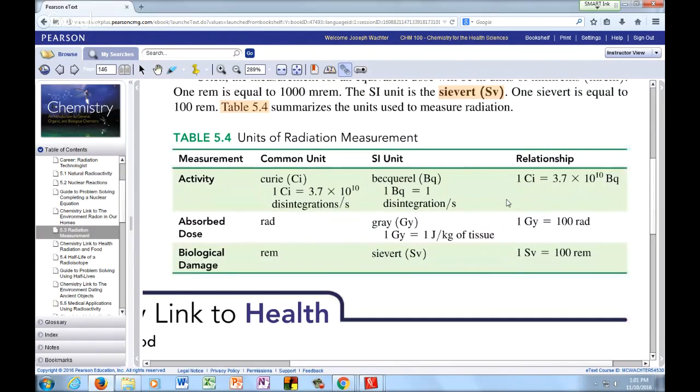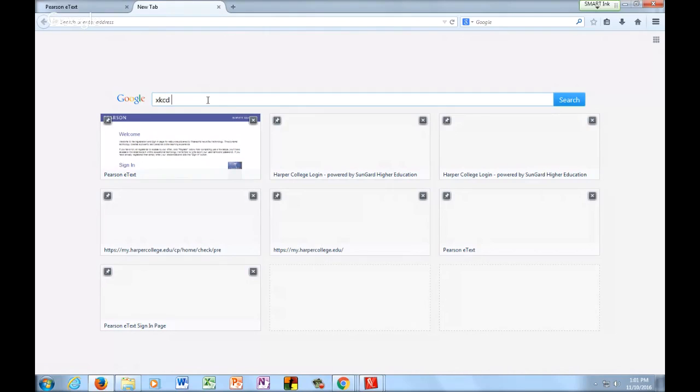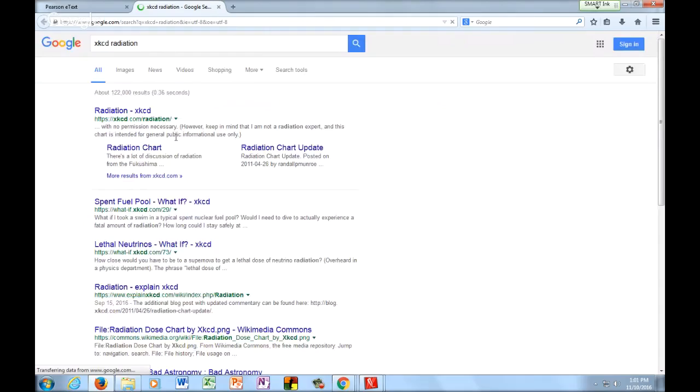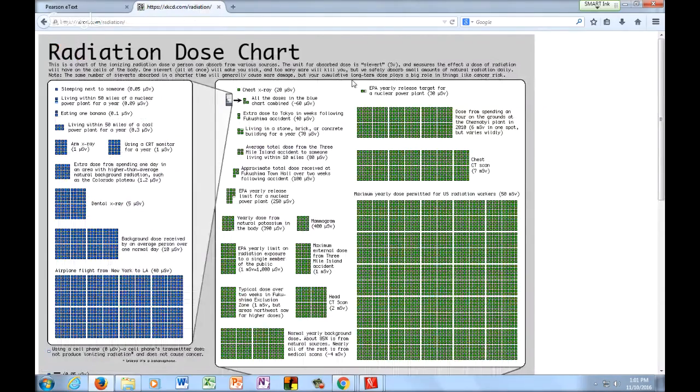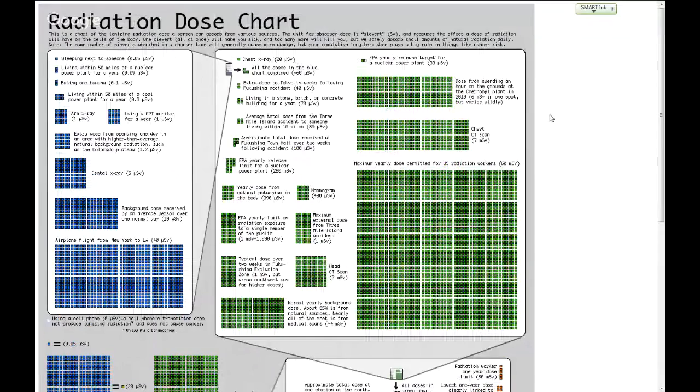I did want to take a look at this one site, if I can find it. This cartoonist did a really nice comparison of radiation doses and what they look like. You can find it, or I can post it on Blackboard if you're interested. We'll zoom in to see this because I know you can't read all that little stuff.